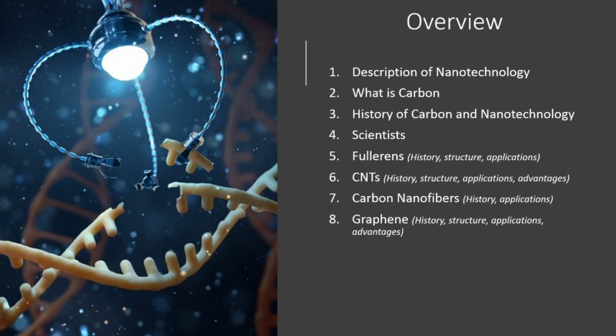Also, you will hear the names of some sites that do studies about nanotechnology. And then I will talk about the types of carbon nanomaterials like fullerenes, carbon nanotubes, carbon nanofibers, and graphene. You will also see the structure, history, application, and advantages and disadvantages of them. So let's start.